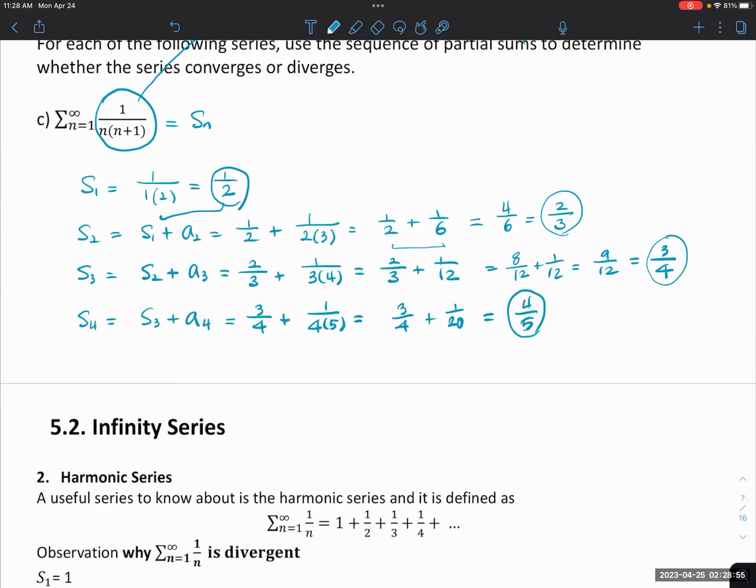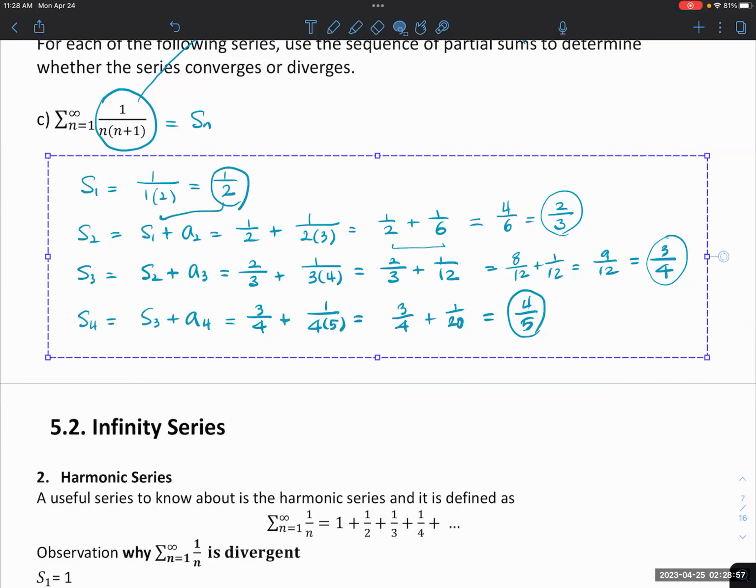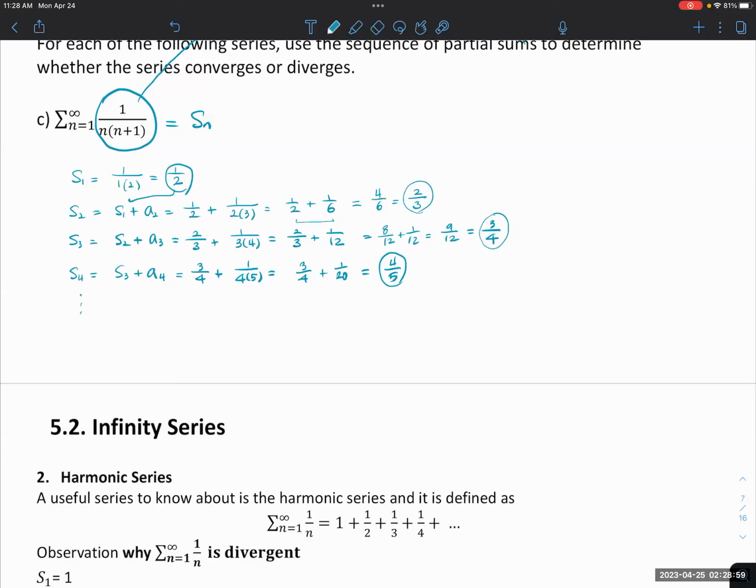Now I'm going to minimize this a little bit. I want to know Sₙ. If I write this pattern, the list of the series, the first one is 1 over 2, second, third, keep going, and then I can find the generalized form of Sₙ.